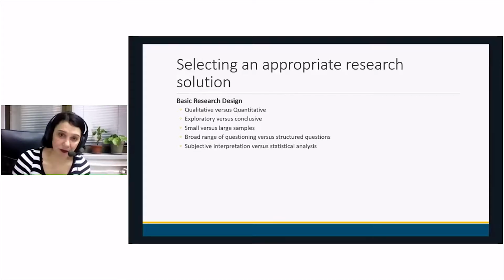The main difference between qualitative and quantitative research is having a small sample versus large samples. Focus group discussions have a small sample, with 6 to 8 people in a group.